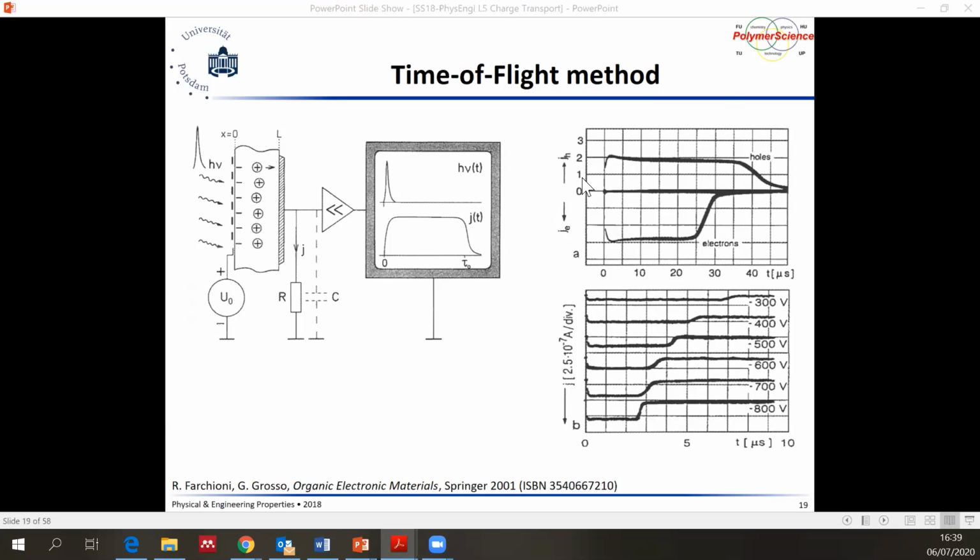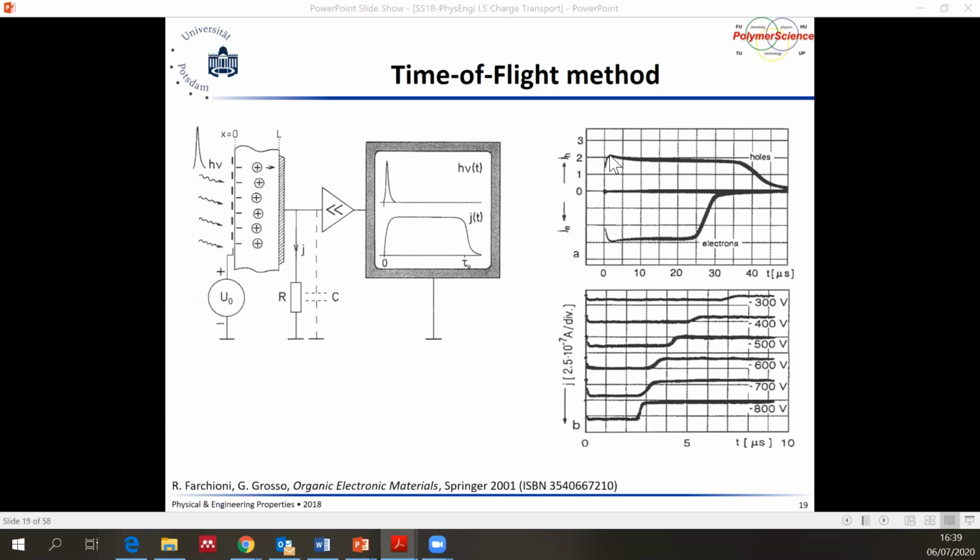This is the apparatus set up on the left. You have your device, you shine light, this is your laser pulse, and then you apply an electric field, and what happens is that these charges start to go through the device. In reality, we are plotting the photocurrent through the device.